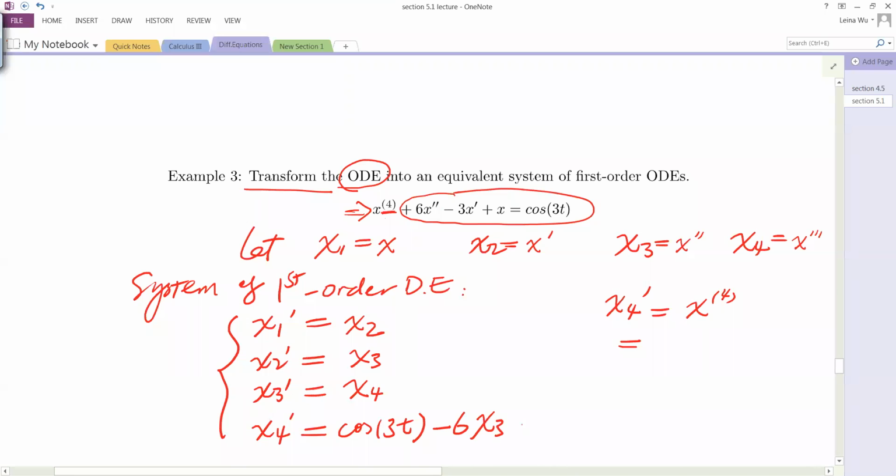That's x3, plus 3 times x prime, which is x2, and lastly minus x, which is x1. Is everything good?